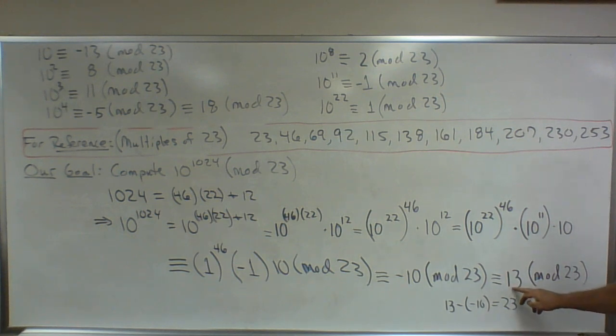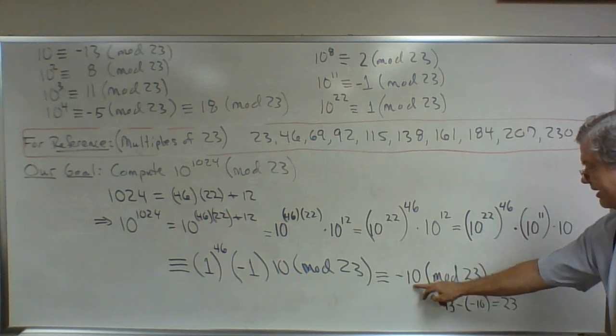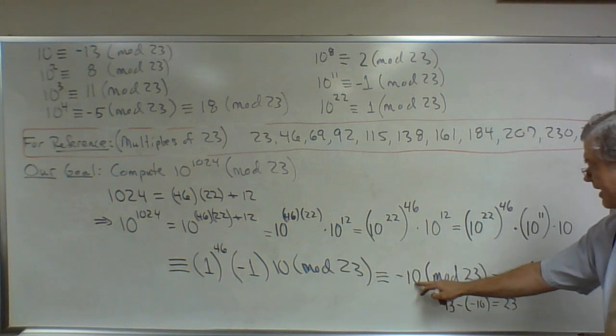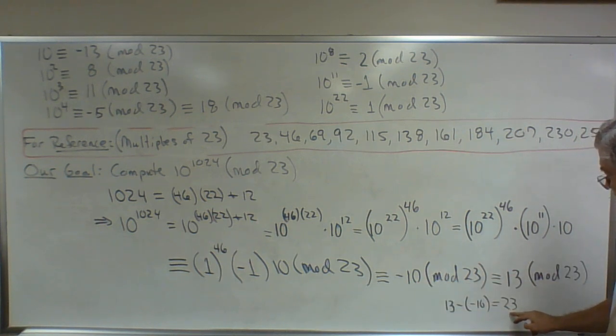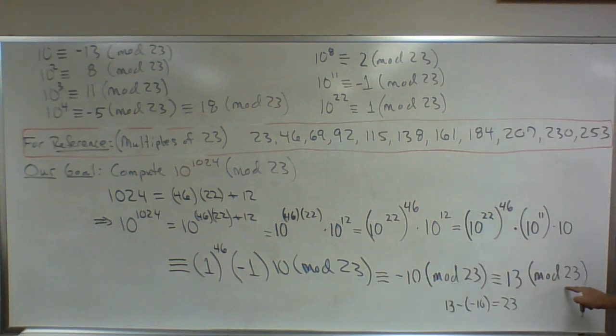Their difference is a whole number multiple of 23. So negative 10 mod 23 is congruent to 13 mod 23. And this is a number between 0 and the divisor 23. This is as good as we can get.